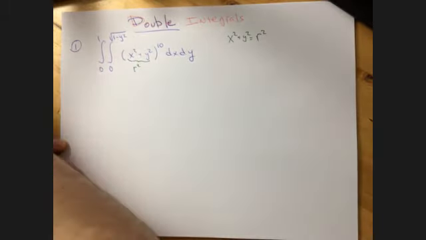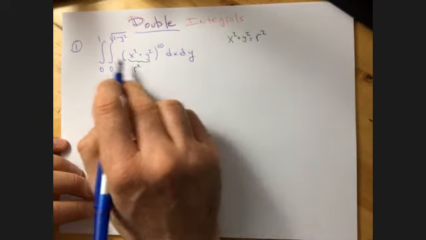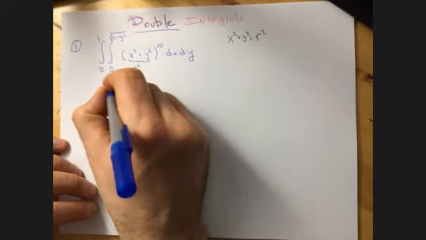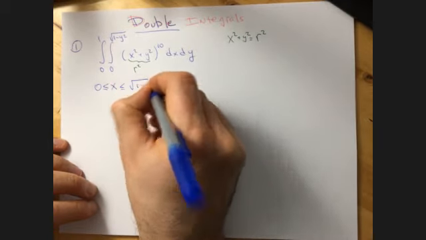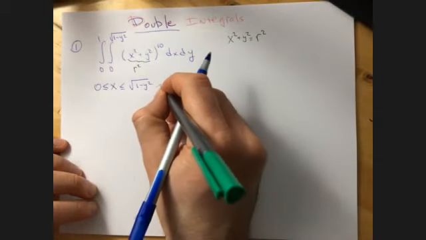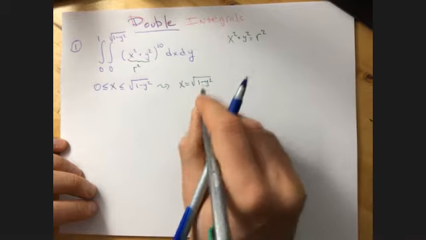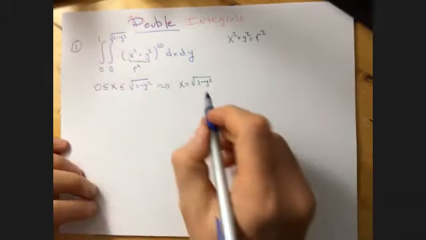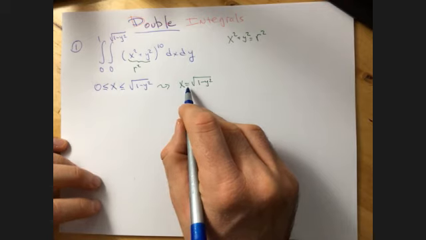Okay, then let us just see what region these bounds are going to represent. Well, x is between 0 and square root of 1 minus y squared. Okay, x equal to square root of 1 minus y squared is just a semicircle to the right of the y-axis.